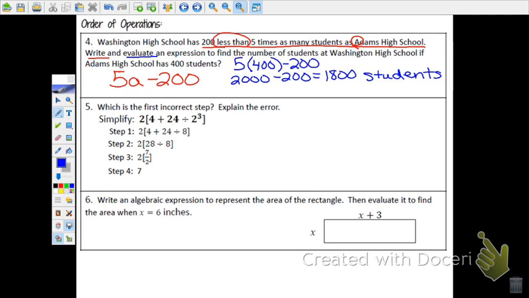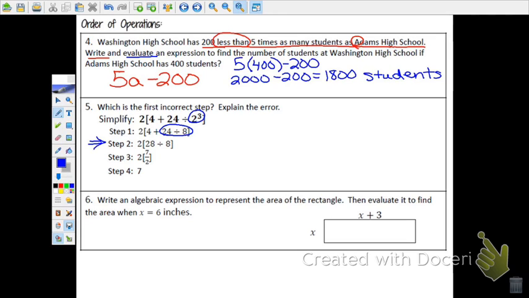Okay. So when we take a look at this, order of operations tells us first we would do the exponent, which they did. From this next step, I should do division, but they did not do the division. They did addition instead.